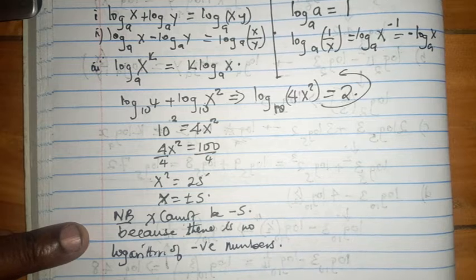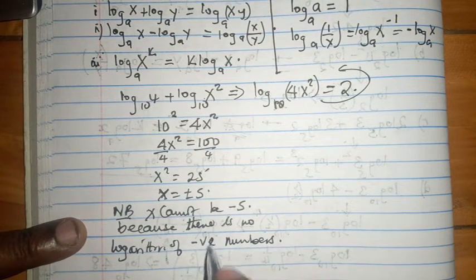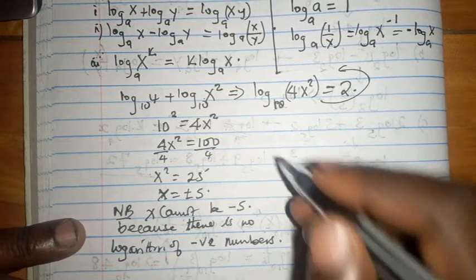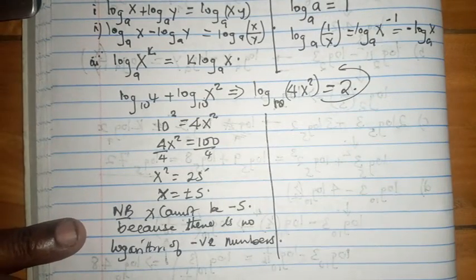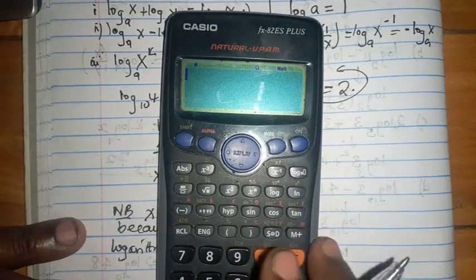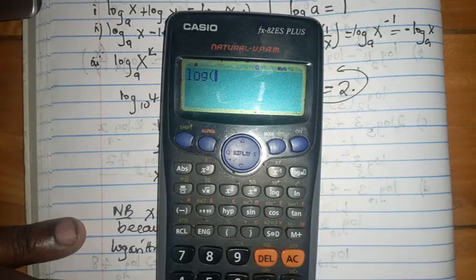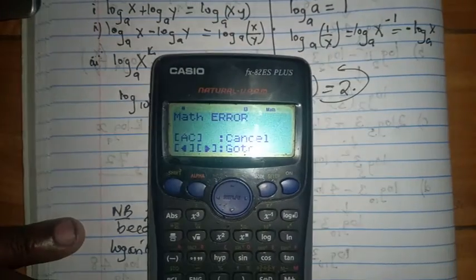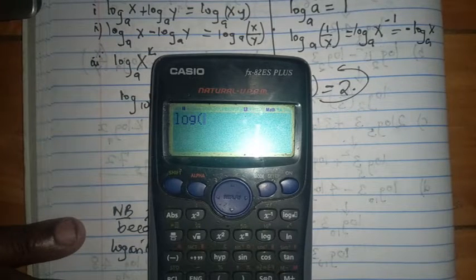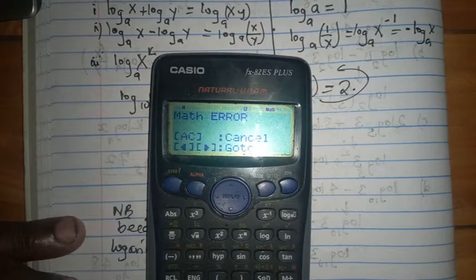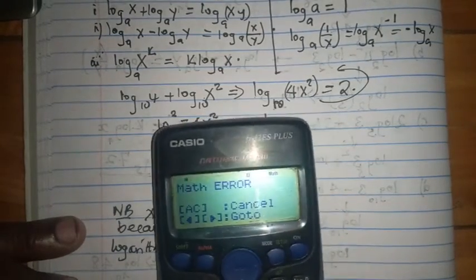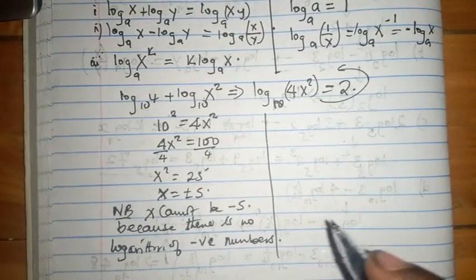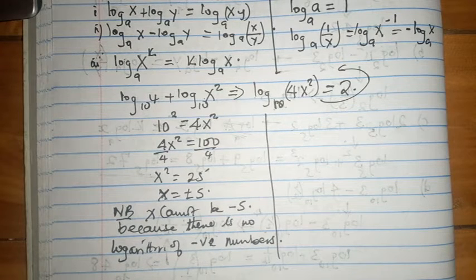We don't have logarithm of negative numbers. You can even try out with a calculator log to base 10 of negative 5. It is a math error. So we cannot have log to base 10 of negative 5. It is an error. We do not have those logarithms of negative numbers.